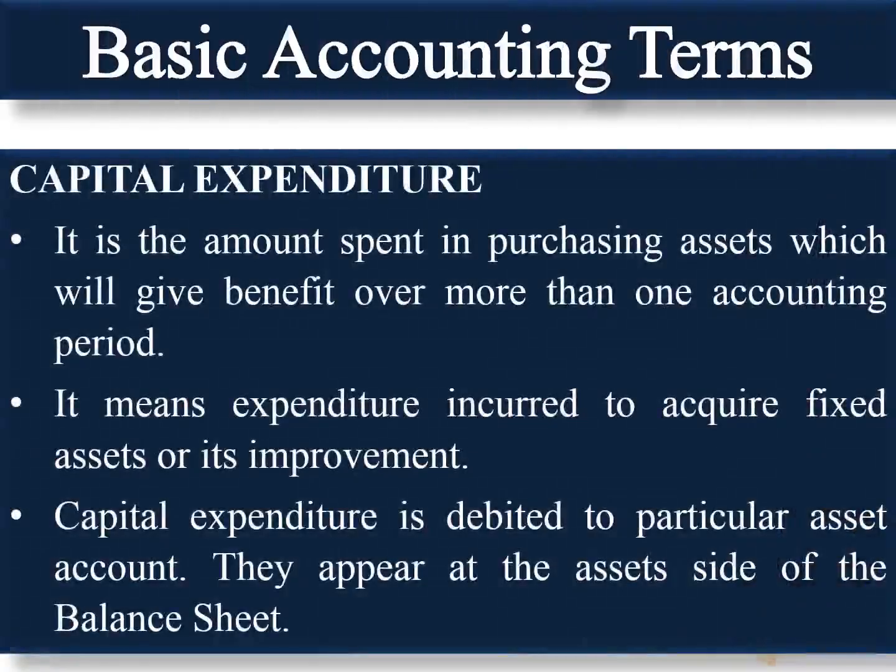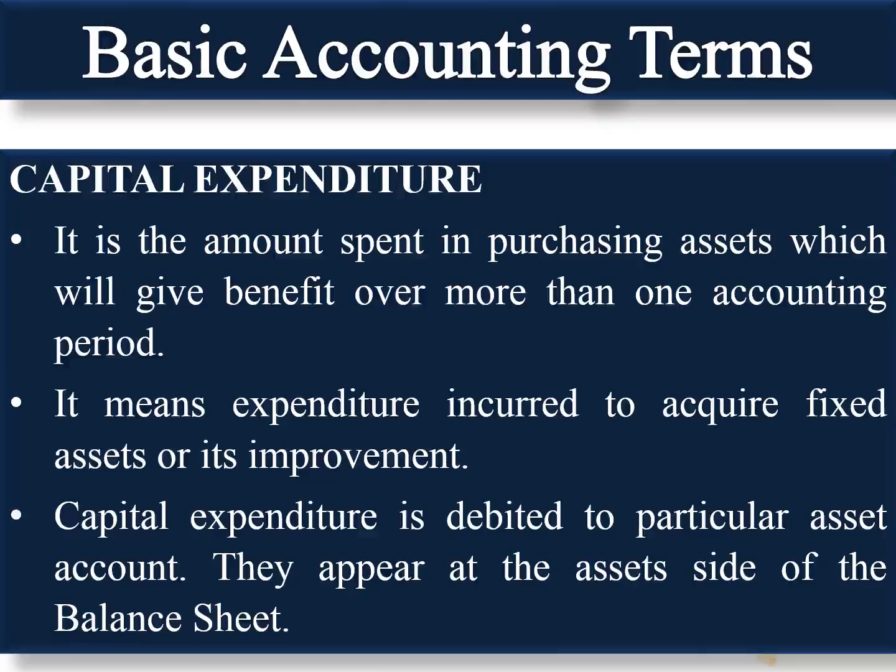Now, capital expenditure is the amount spent in purchasing assets which will give benefit over more than one accounting period. For example, the benefit of capital expenditures will be received for more than one accounting period.